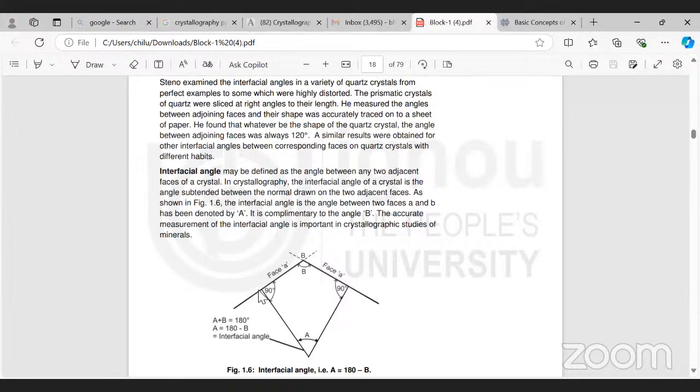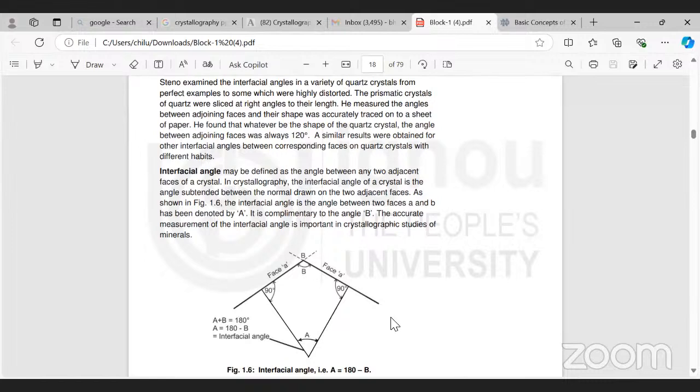Between these two faces, there is a 90 degree angle. You see here, this is one line and exactly at 90 degrees. And from this face, this is also creating a 90 degree angle where they intersect. The angle at the intersecting point is known as the interfacial angle.